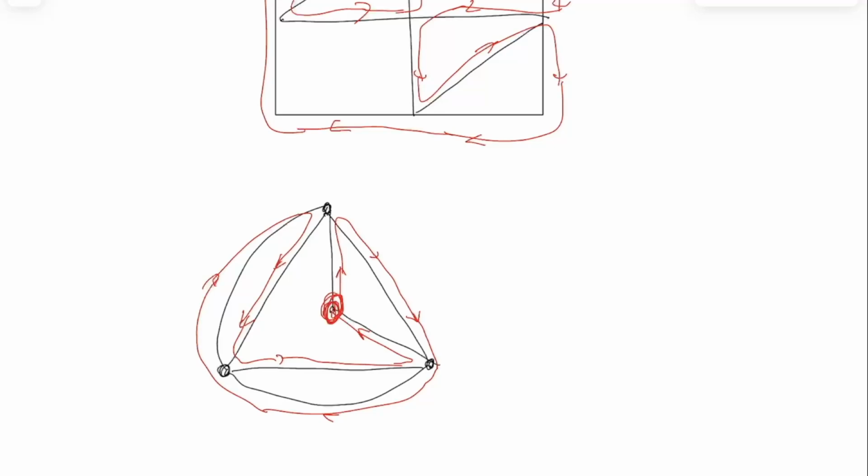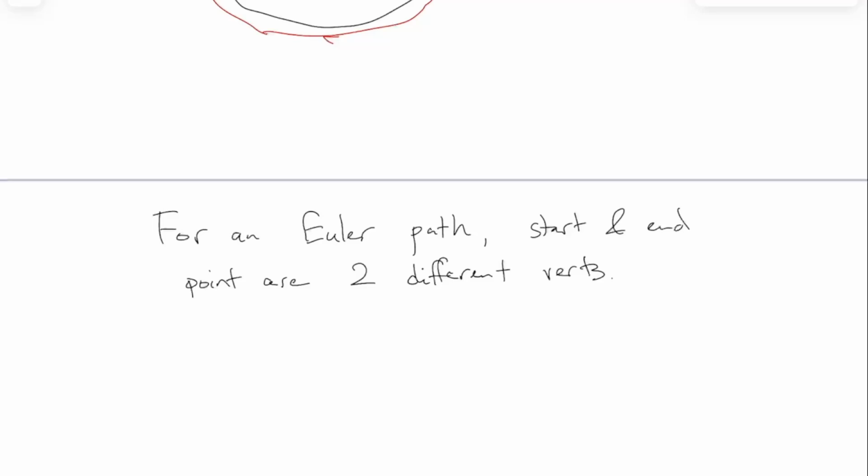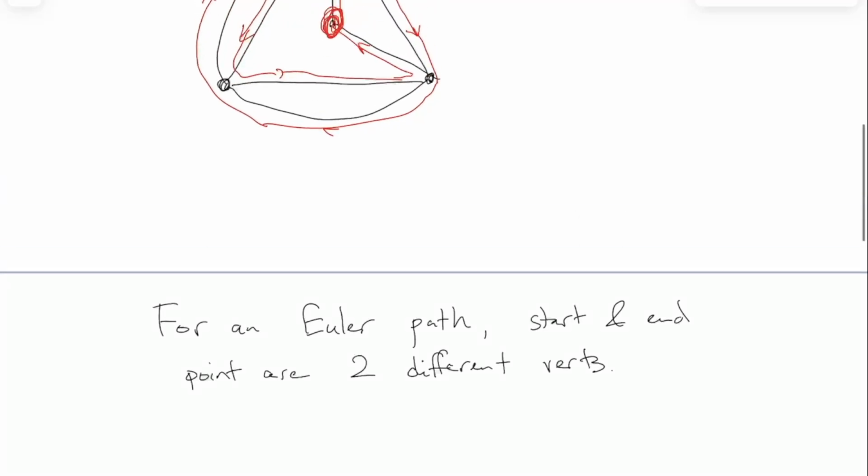Let's talk about how you can do this also for Euler paths. For an Euler path, the only difference is that the start and end point are two different vertices. The ones that I was just doing have all been Euler circuits, which start and end at the same point.